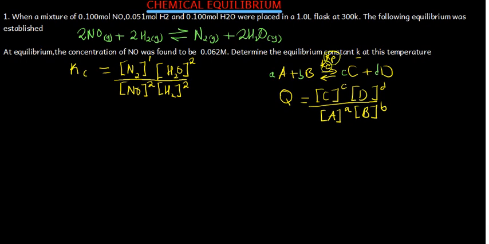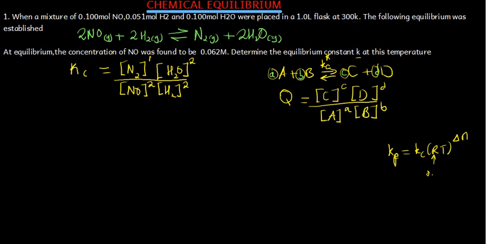To relate Kp and Kc, you use the equation Kp equals Kc times RT raised to the power of the change in the number of moles. You add the moles of products, minus the moles of reactants, and R is the universal gas constant, which is 0.0821. Then you consider the temperature you're talking about, in this case 300. So we are able to convert Kc to Kp.